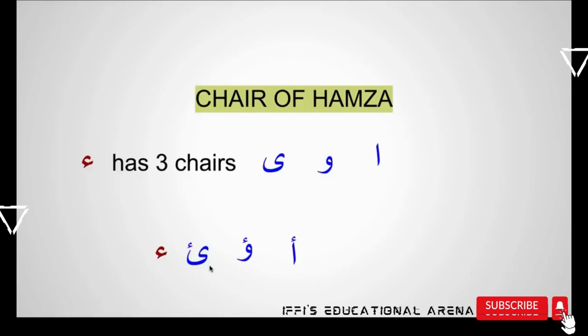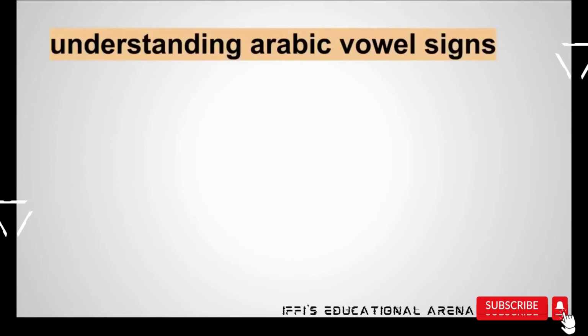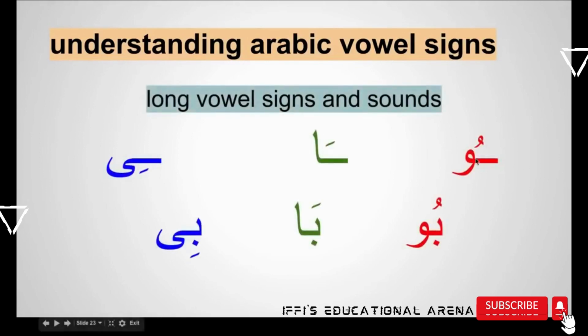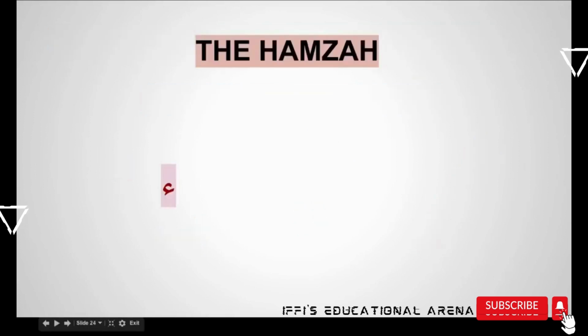And how do we know on which letter the Hamza is written? If you recollect our session on Arabic vowel signs, the dhamma is prolonged by putting waw, fatha is prolonged by putting alif, and kasra is prolonged by putting ya, the sound of e. These same letters become the chair of Hamza when these sounds come before it.